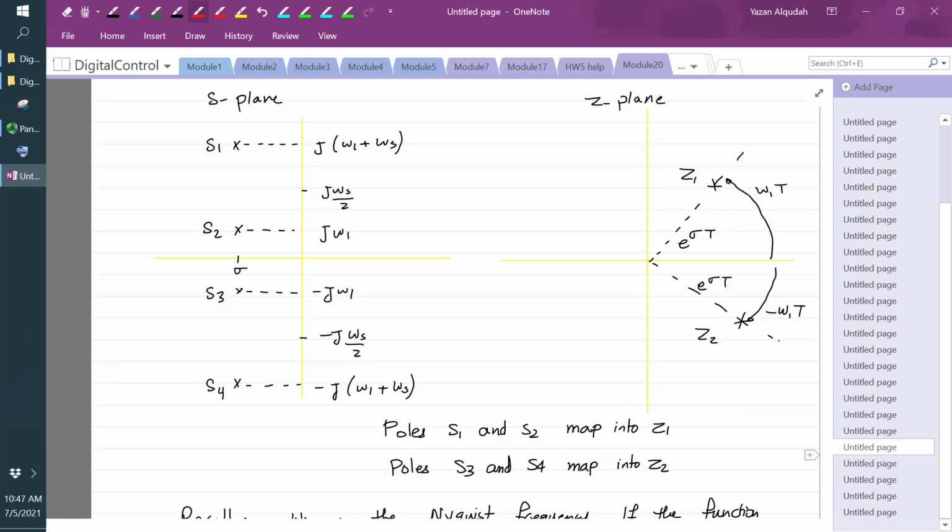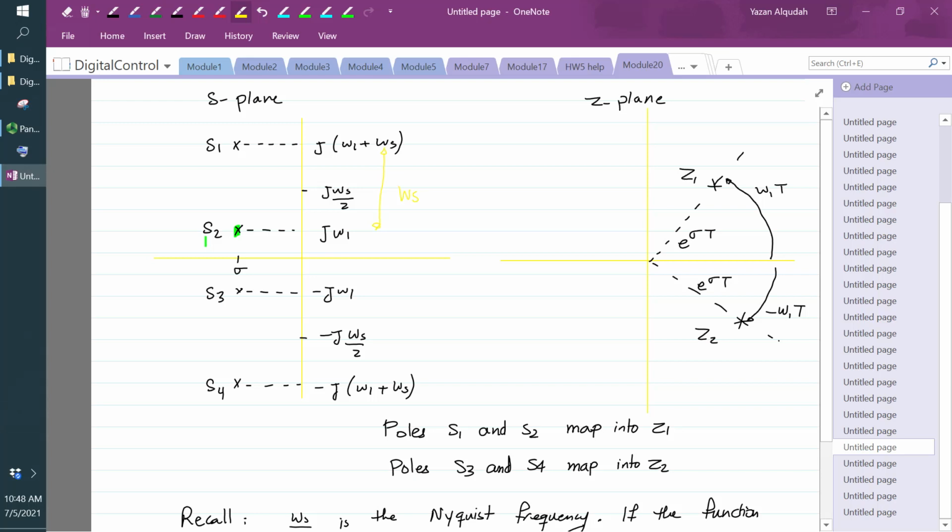So to see this here, if I have a pole at this location, S2 is at negative sigma, or at sigma plus j omega 1. If I take another pole that is at sigma plus j omega 1 plus omega s, these differ by omega s. The difference between them, this distance, is omega s.